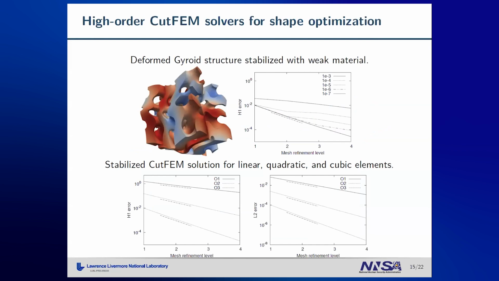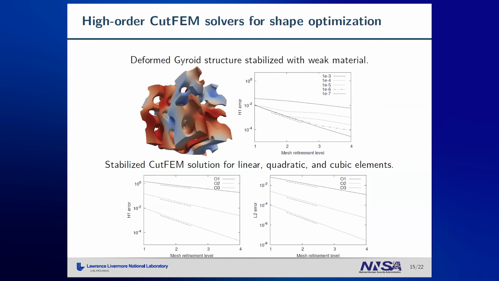Now, something which is also coming as an example in NFM for shape optimization is CutFEM discretizations. For those of you who are familiar with the problem, we need to stabilize the cut cells.